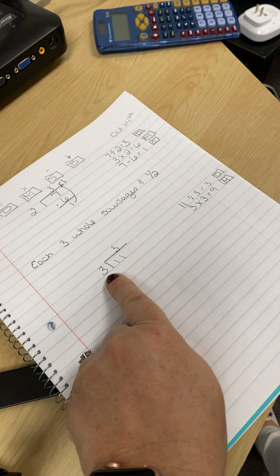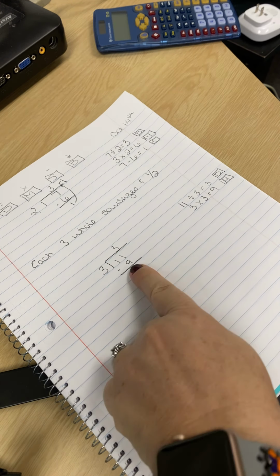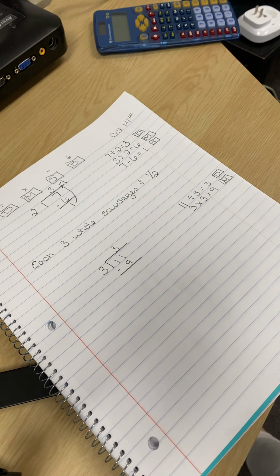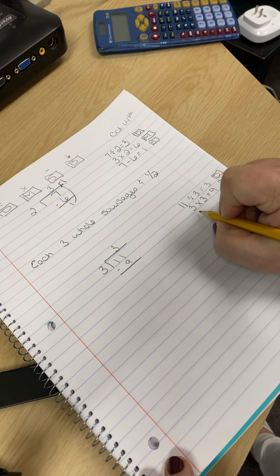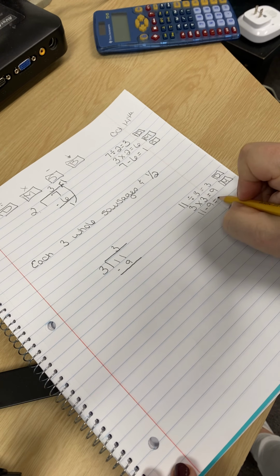I'm going to put my 9 under my 11 so I can subtract, because that is the actual multiple. The third multiple of 3 is 9, so that's why I'm using 9 here. Now I say 11 minus 9 is what? I know that is a 2.